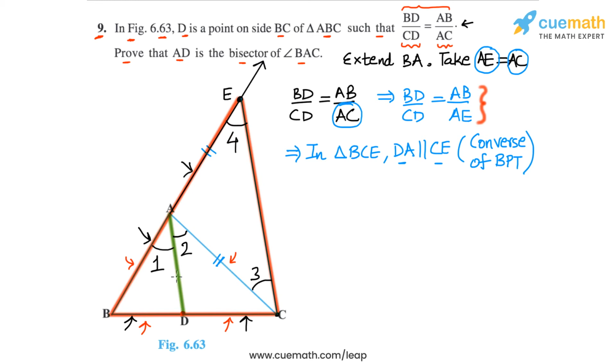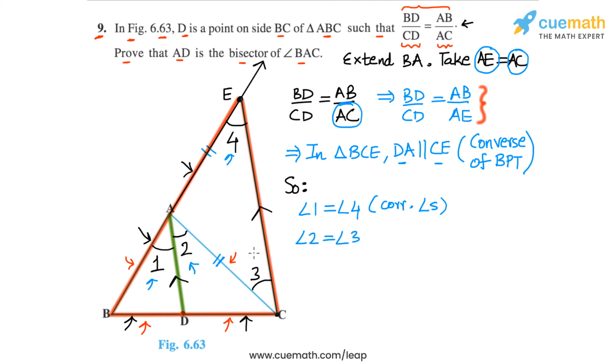So we have just proven that DA is parallel to CE. So what does this mean? Can you figure out the various relations now between the angles if DA is parallel to CE? Well, angle 1 must be equal to angle 4, because these are corresponding angles, and angle 2 must be equal to angle 3.